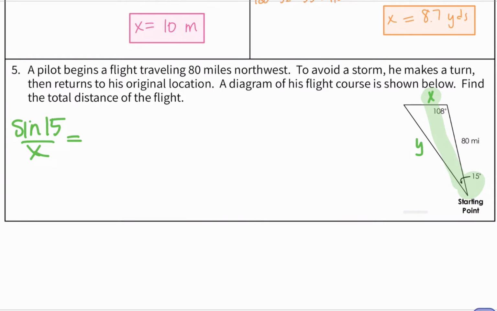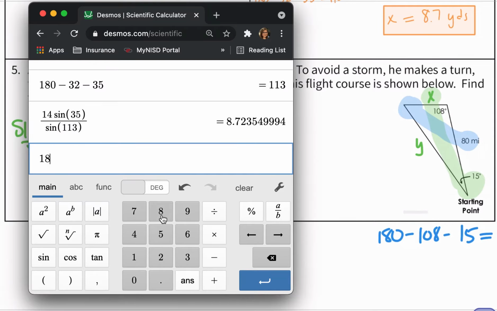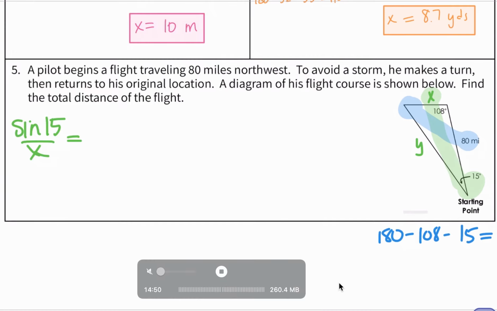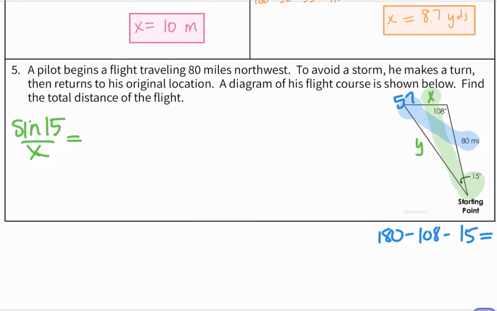Let's use highlighter, that 80. Its opposite angle would be this one here, only we don't have an angle measurement. Easy fix. Remember, 180 minus 108 minus 15, since those were the two angles that were given to us. Okay, so that one has to be 57. So that's my other ratio that I'm going to set up.